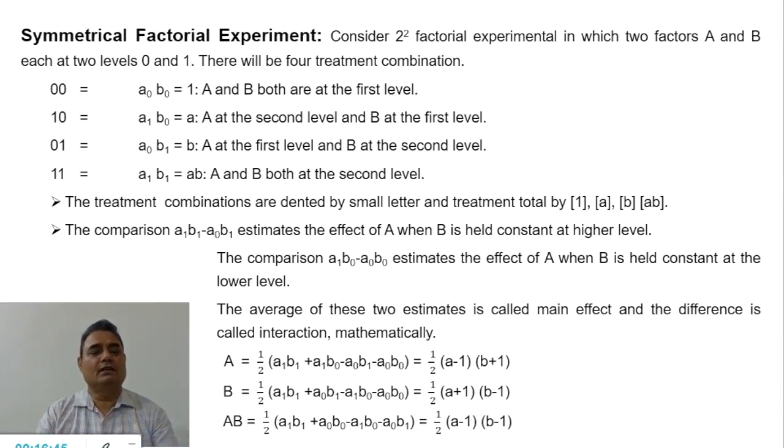Suppose A and B are two factors, they are having two levels each, 0 and 1. So there will be four treatment combinations.